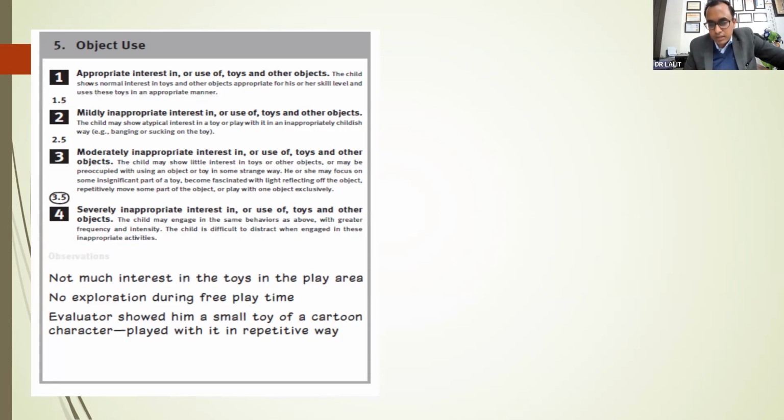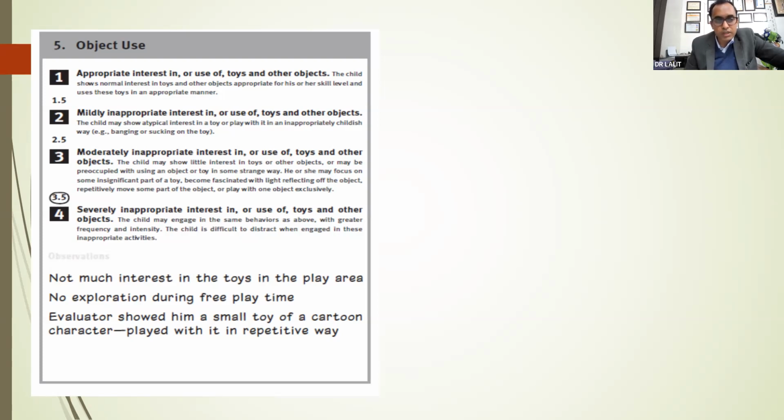So you can clearly see that the child's behaviors with object use were moderately higher, because there was no enthusiasm with the toys. He did not know how to play with it. He was just rotating it continuously in a repetitive fashion. That means stereotypic movements, probably with the wheel or anything. He did not know the functionality of how to play with that particular toy. So as a result, the score of 3.5 is given.